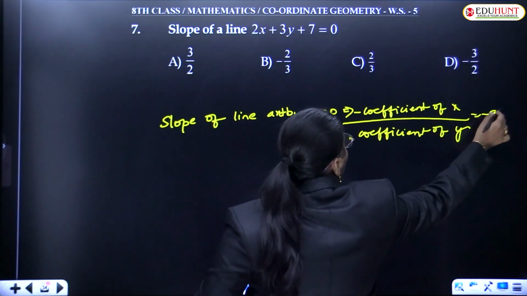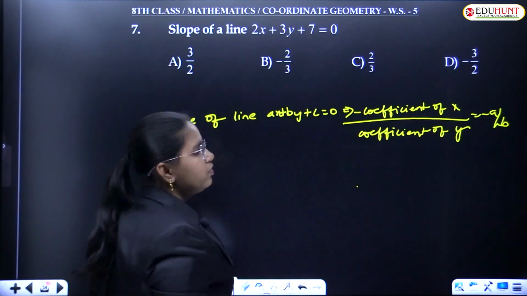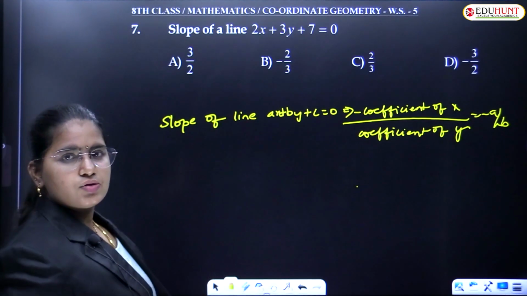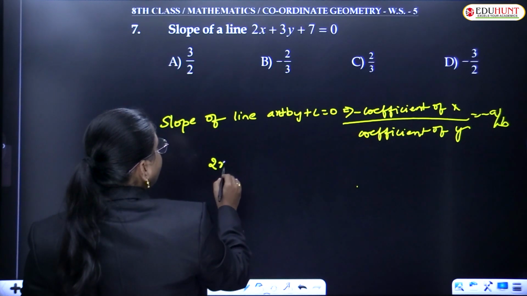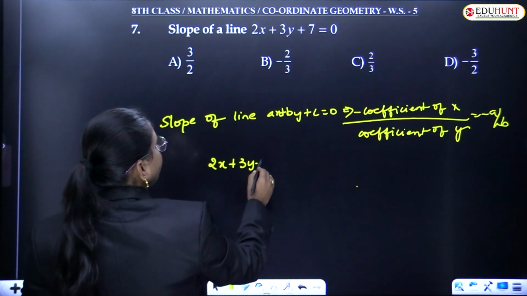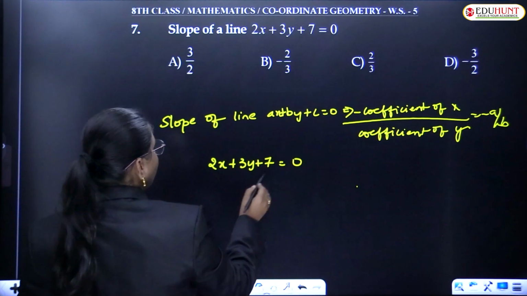That means, do you remember, minus a by b is your formula, right? So, what is the given line here? 2x plus 3y plus 7 is equal to 0.